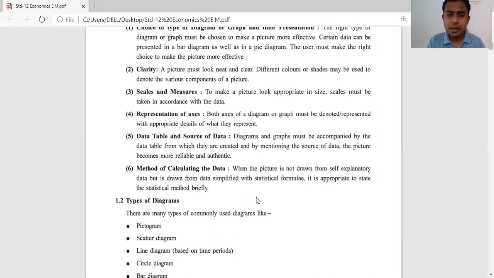Sixth point says method of calculating the data. Sometimes it so happens that when you make a bar graph, you need to use some calculating methods. You need to use some statistical method to present your data. In this situation, after the graph is drawn, you have to explain what method you have used to calculate the values. Sometimes the graph has some complicated data which you have presented.